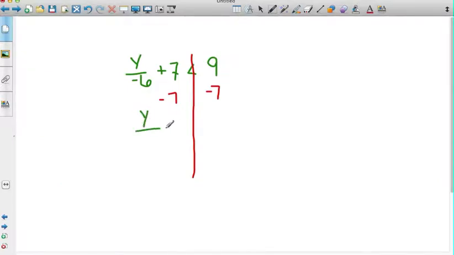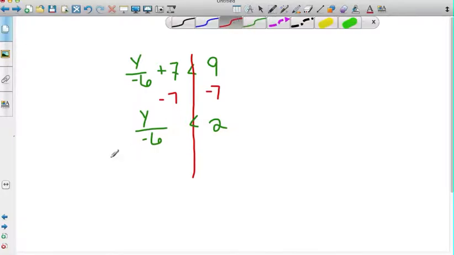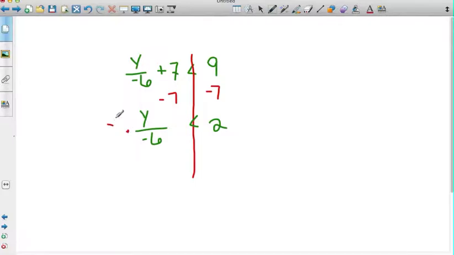So I still have y divided by negative 6 is less than 2. Okay. Now, I'm going to keep on going. In order to get rid of this divided by negative 6, I'm going to multiply by negative 6, just like we would do for a regular equation.